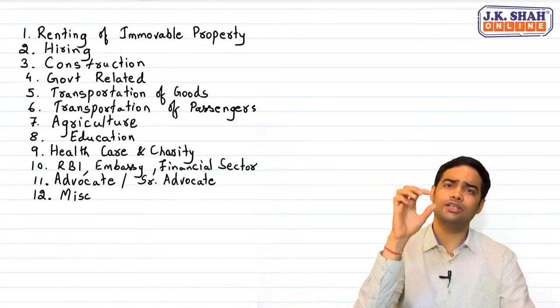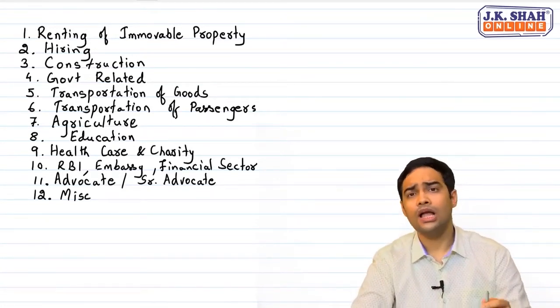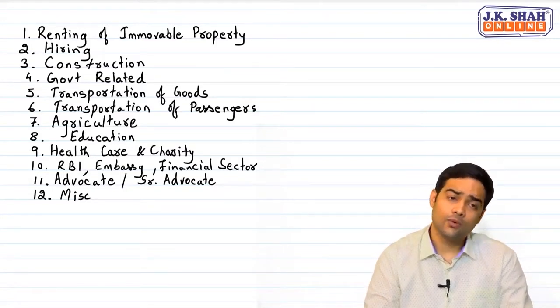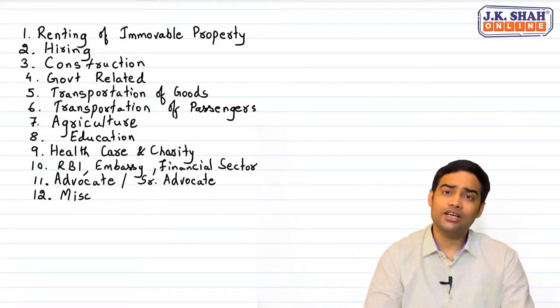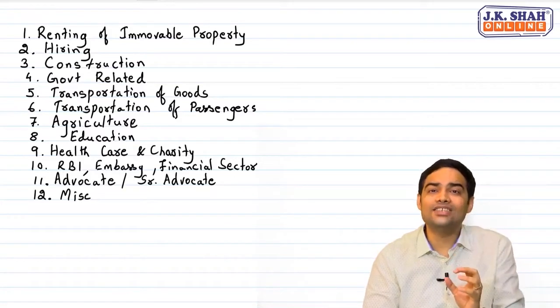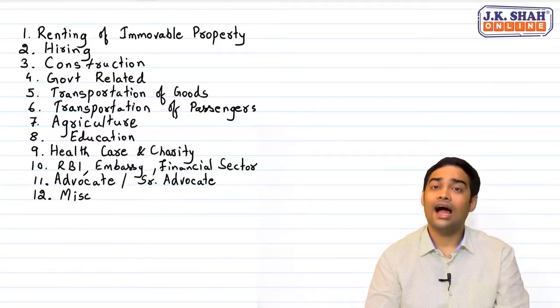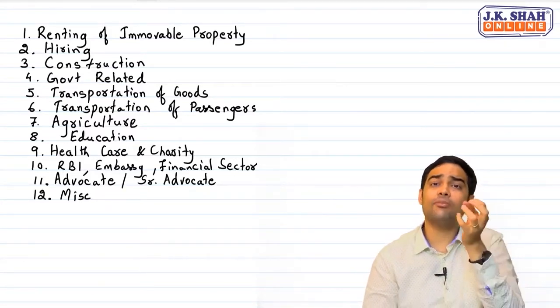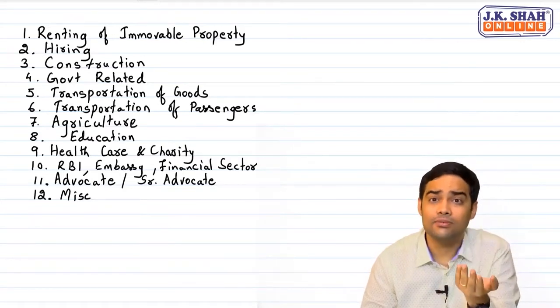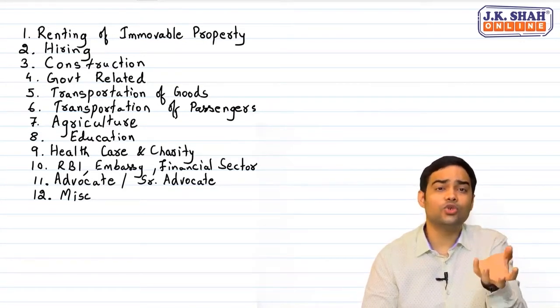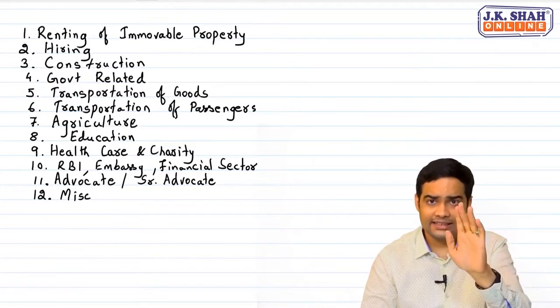So this was about the first sector. What you might go wrong with? One, say suppose a charitable trust is taking a premise on rent, taxable. A temple trust is taking a premise on rent, taxable. An education institute taking a premise on rent, taxable.